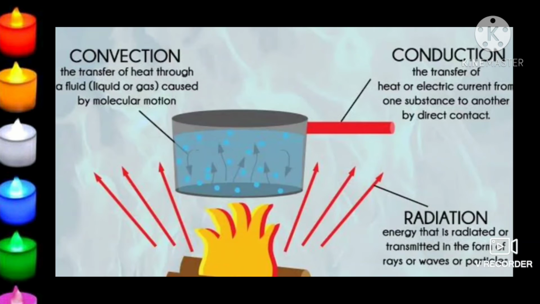So this is radiation. Radiation can be defined as the energy that is radiated or transmitted in the form of rays, waves or particles. This is about the three types of transfer of heat: in solids, liquids and gases, or rays, waves or objects.